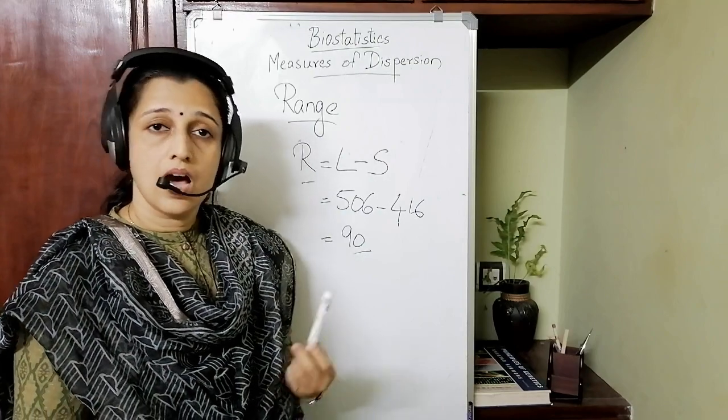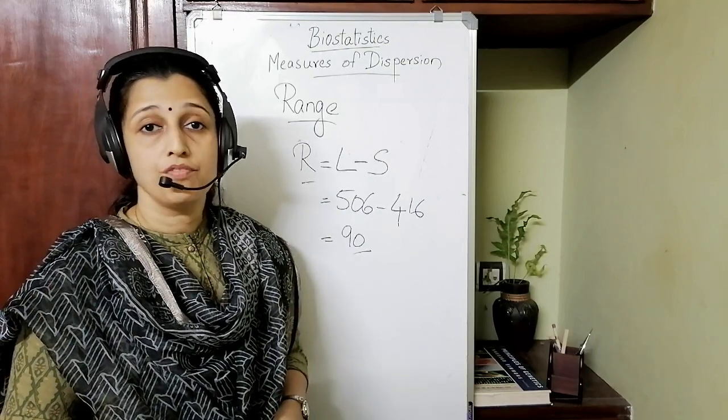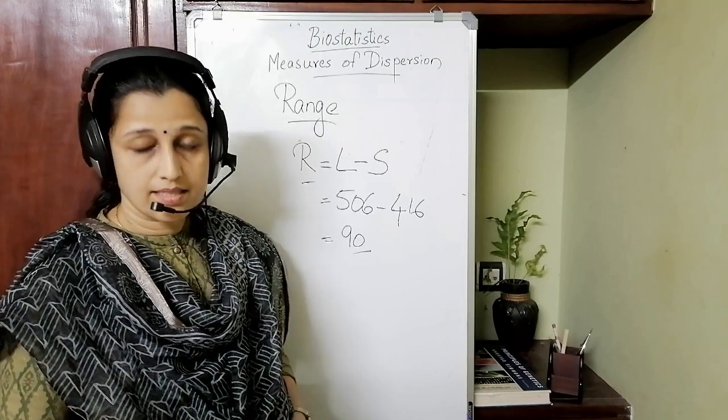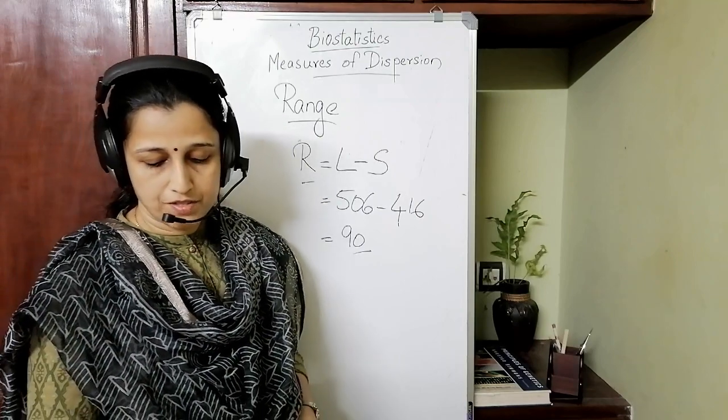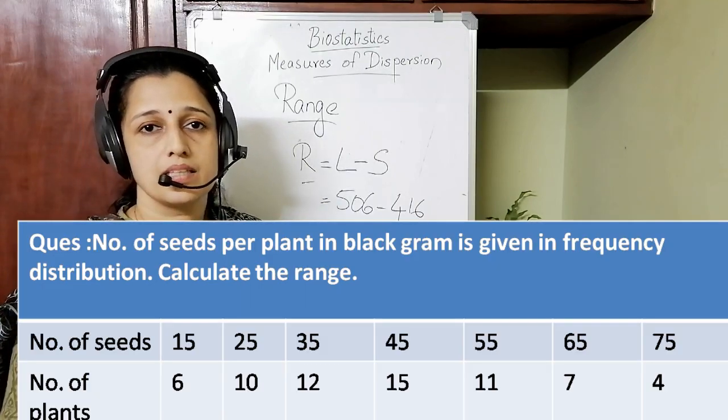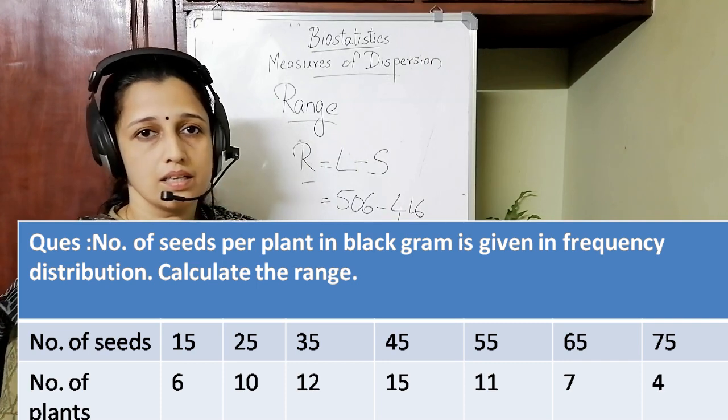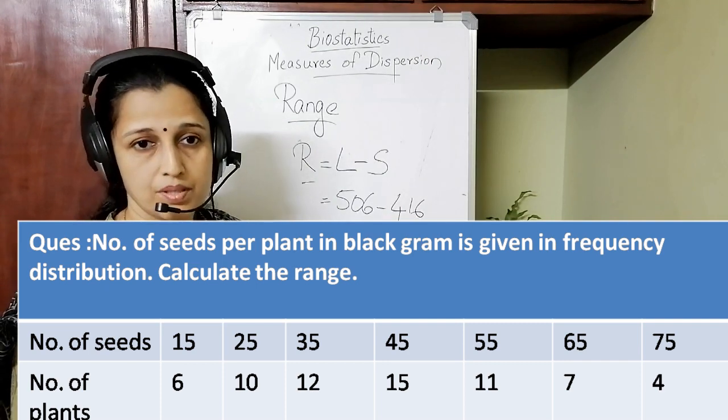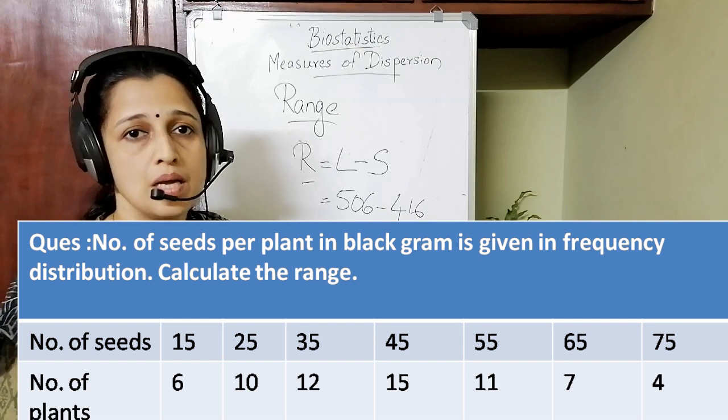Now let's see how we can compute the range of a discrete series. This is an example which shows the number of seeds per plant in black gram. Here you can see the number of seeds and the number of plants.